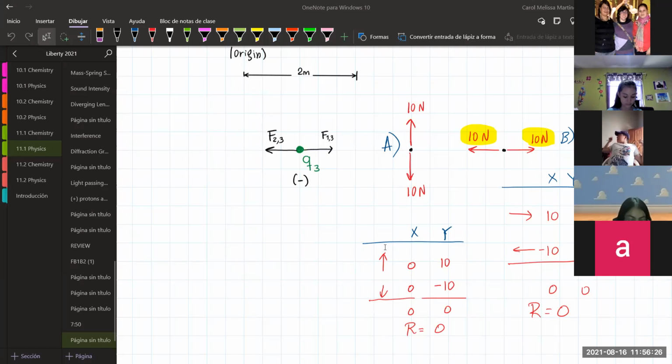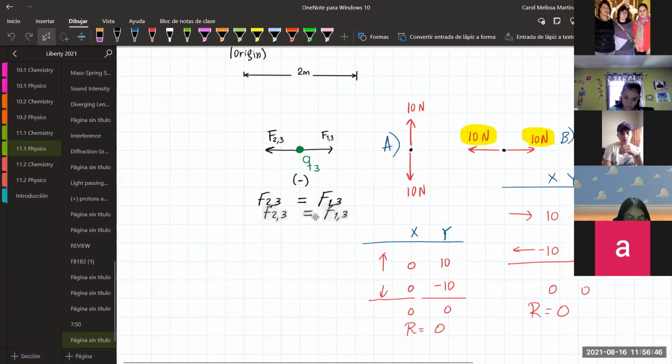And for the forces to be the same, I will say that F2,3 must be equal to the force F1,3. That must be accomplished. To find the equilibrium, the direction of the forces must be opposite and the forces need to be the same.